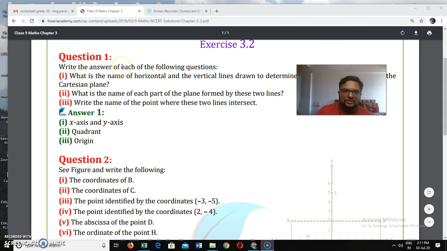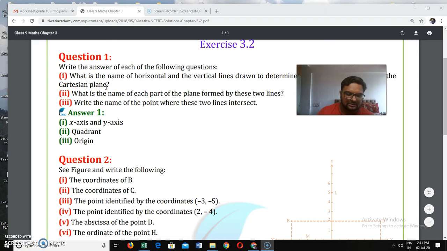Let's see the first question of 3.2, that is, write the answers of each of the following. And the questions are here. What is the name of the horizontal and vertical line determining the positions of any point in the Cartesian plane?